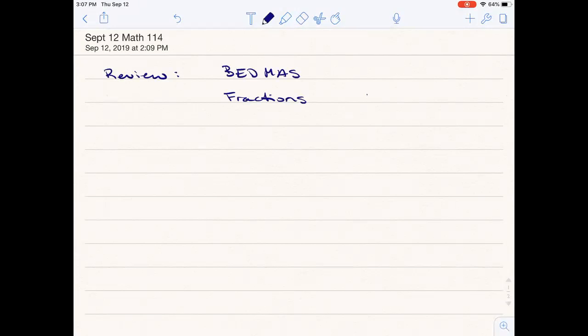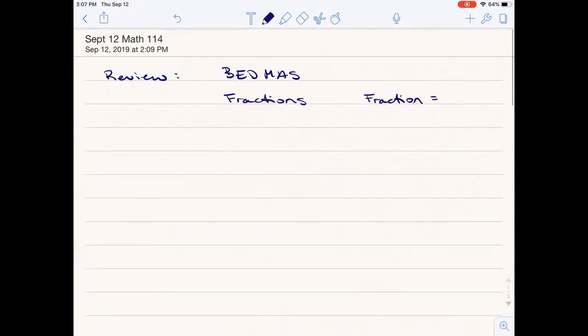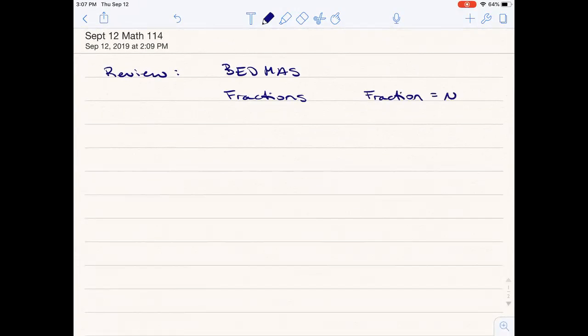The terminology that I need you to remember is that a fraction is a numerator over a denominator. We also talked about adding and subtracting fractions, which is a little bit harder than multiplying or dividing fractions. We talked about all those and, like I said, showed you those worksheets.